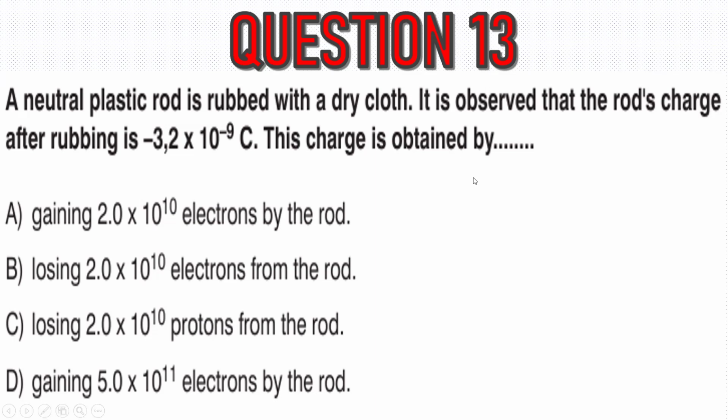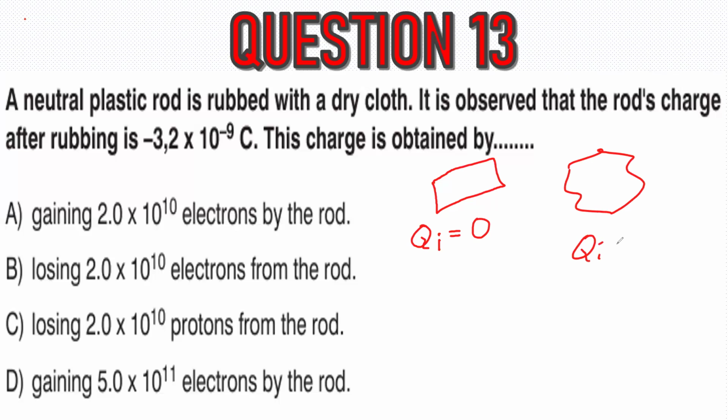All right, okay. We can start and answer this question now. So, what's going on? Let's try to understand the question first. You have neutral plastic rod, okay. Q initial is equal to 0. And then you have cloth and Q initial for this one also 0.